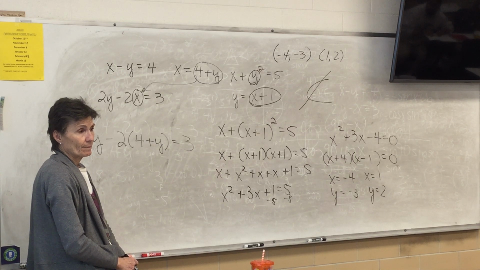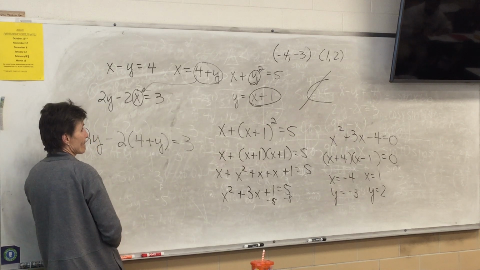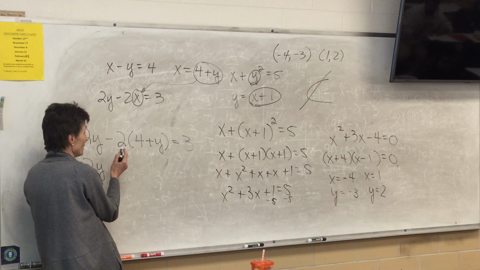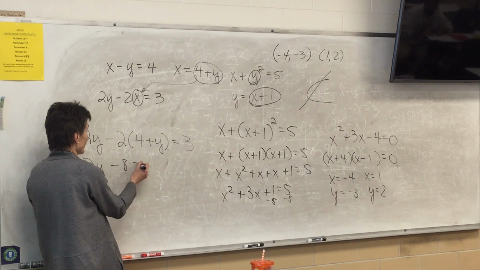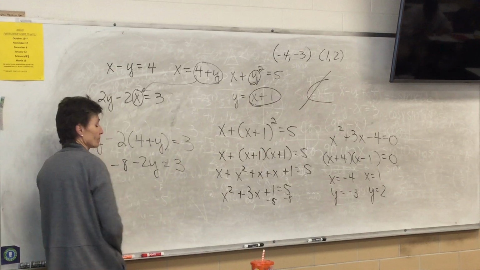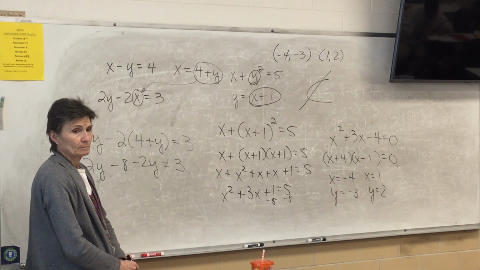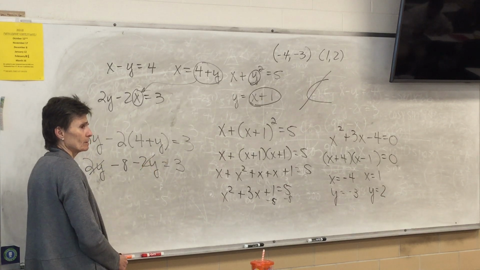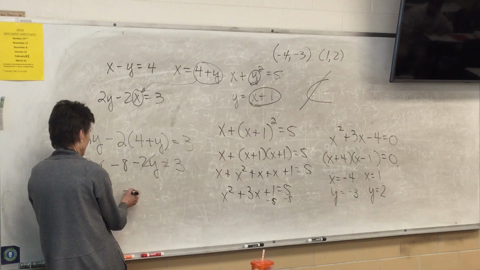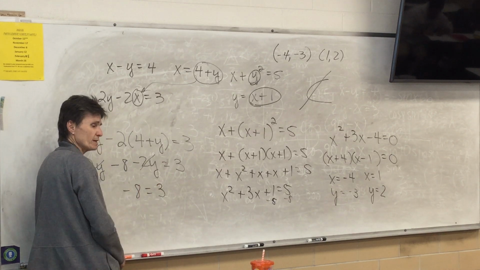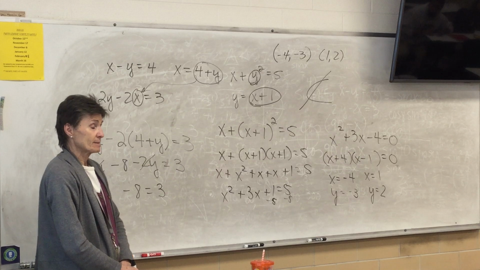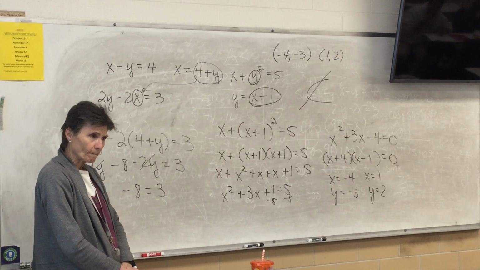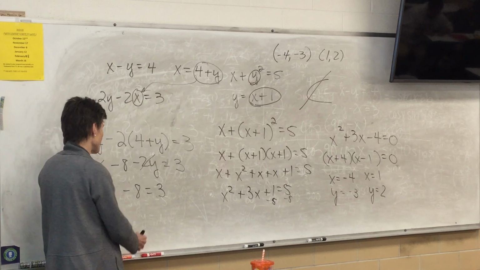All right. Now what? Distribute. So 2y. Now watch it. That's a -2, so it's going to be -8 minus 2y. They cancel, don't they? So what does it say? -8 equals 3? Does -8 ever equal 3? No. So what does that mean? There's no solution.